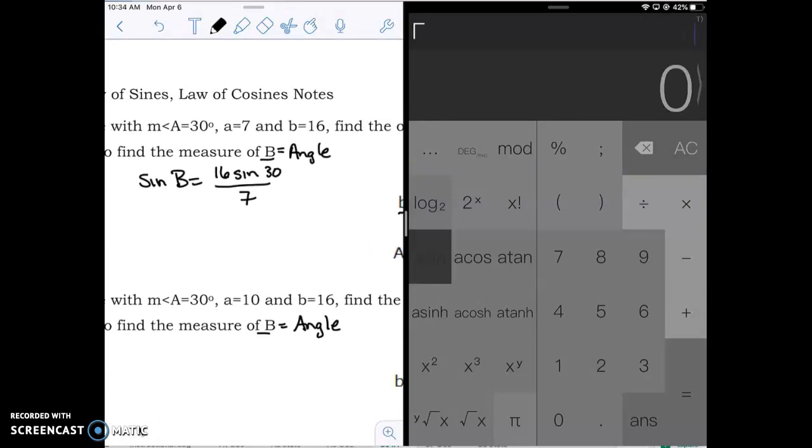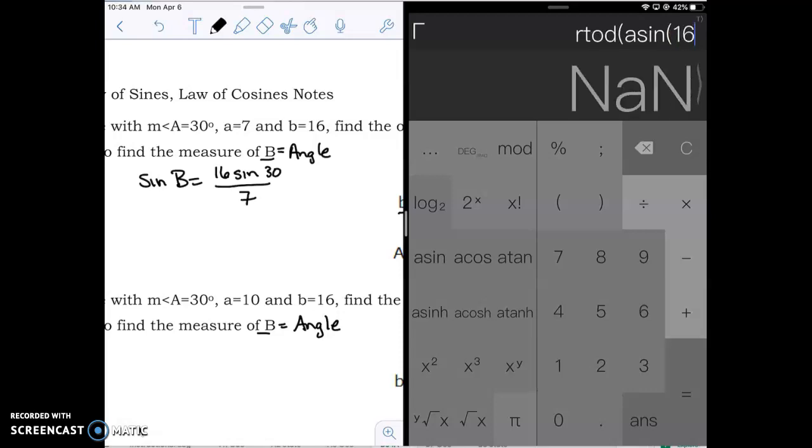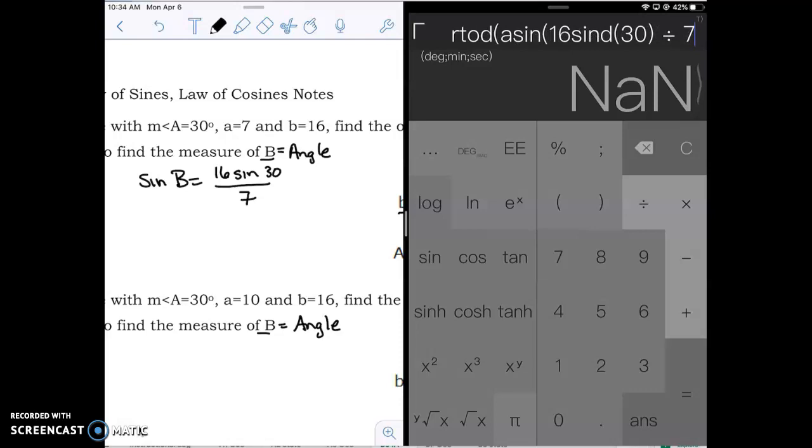So we're going to do an inverse sine. That says, tell me the angle given the information I have. So 16 sine, so I got to clear this out and go to sine 30, close my parenthesis. Oh, this is not looking good. It says NaN divided by 7. All right, that's interesting.